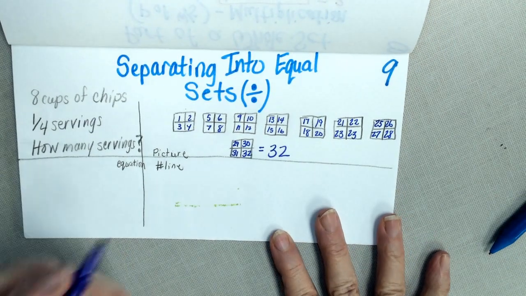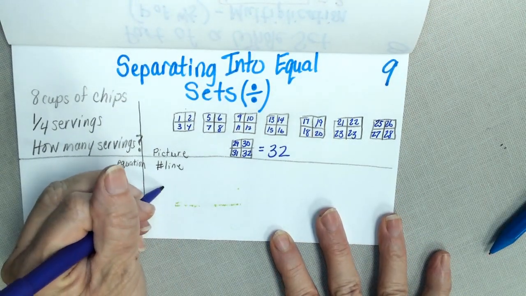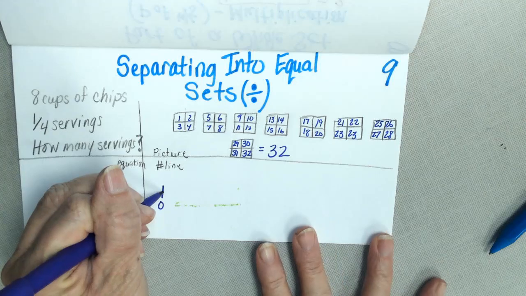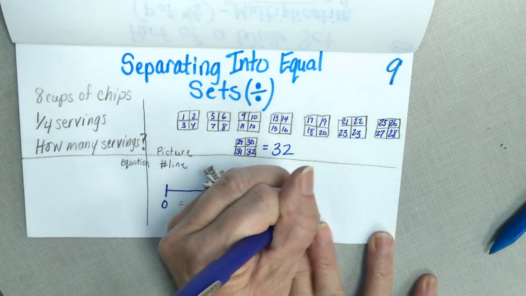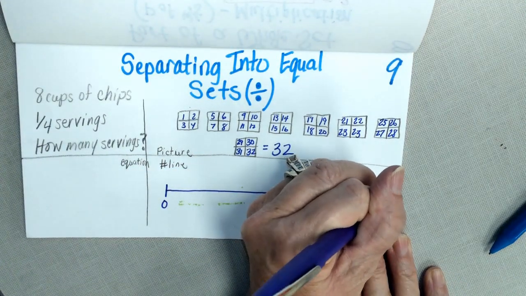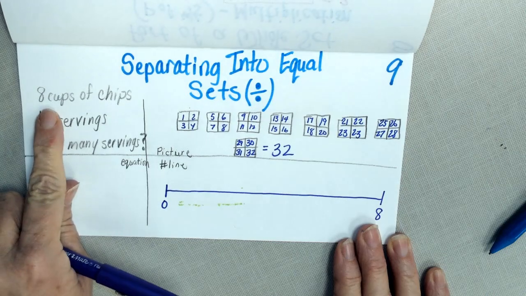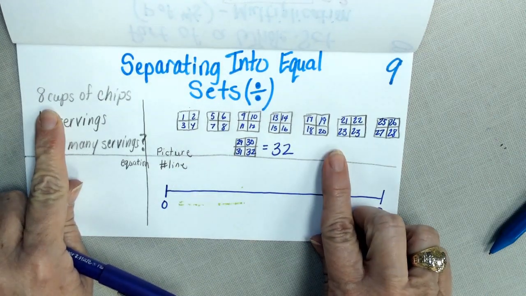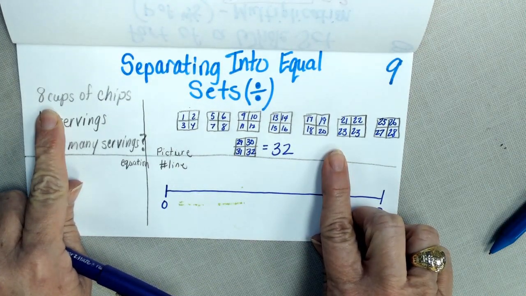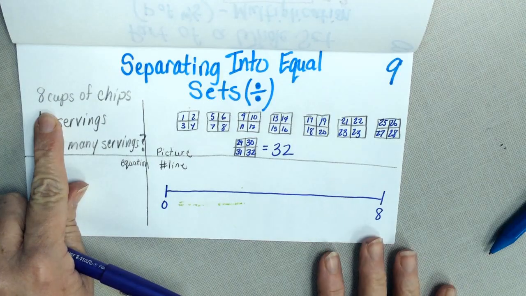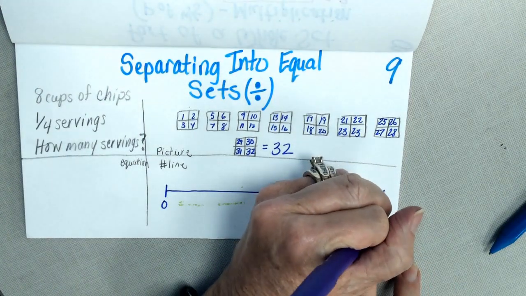So when we move to our number line, it's going to start with 0, and it's going to go all the way to the whole number 8, because that's what our picture represented, 8 wholes. And that's how much we have. That is our total amount.